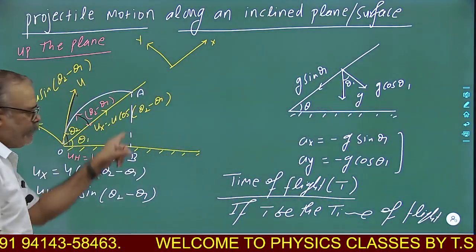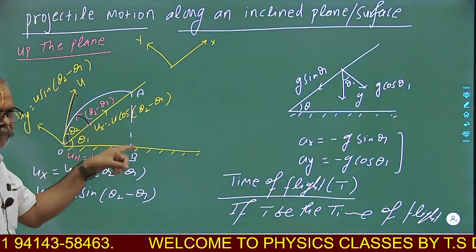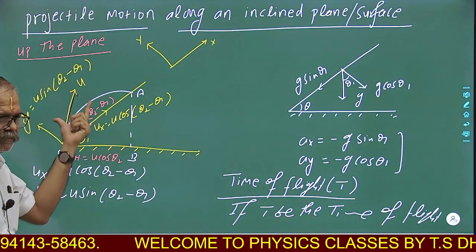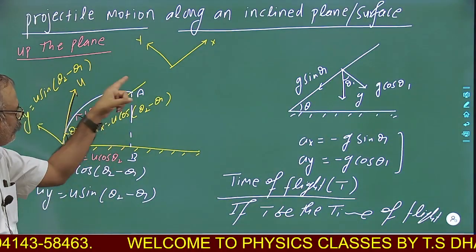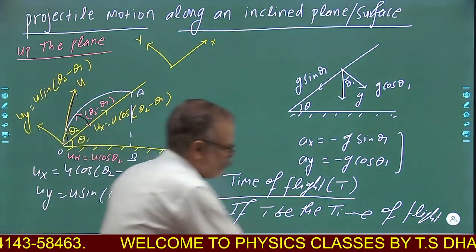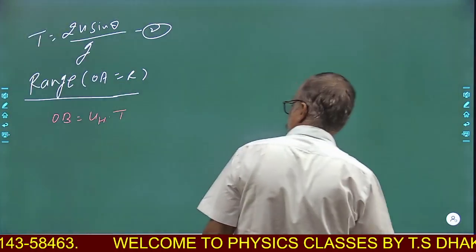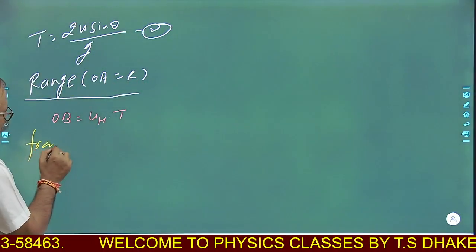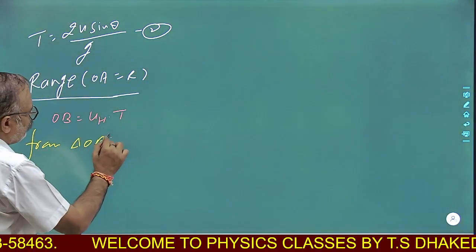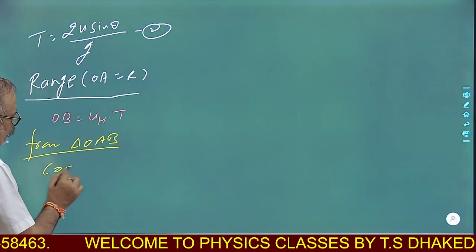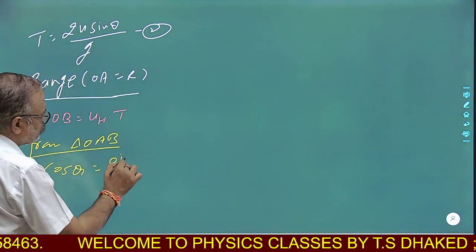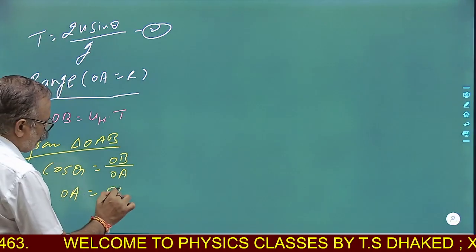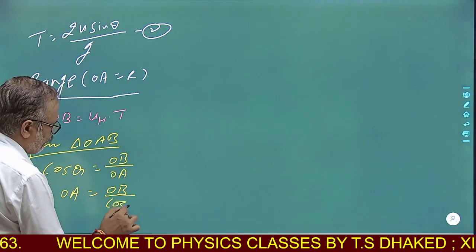From triangle OAB, cos of theta 1 is equal to base upon hypotenuse, base OB, hypotenuse OA. So OA is equal to OB upon cos theta 1.